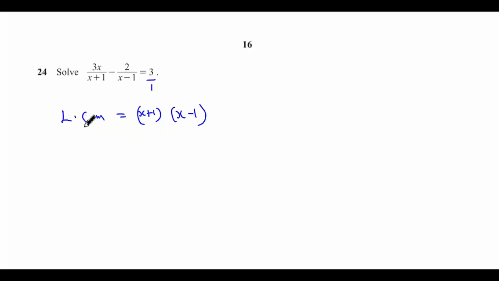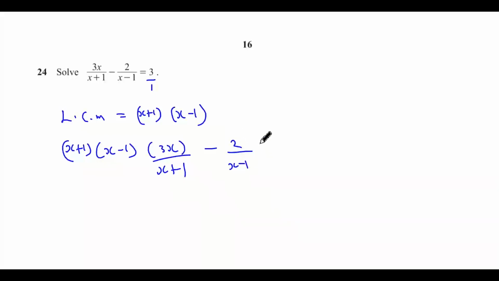Starting with the first one, I have x plus 1 into x minus 1 multiplied by 3x over x plus 1. Then minus 2 over x minus 1 multiplied by the LCM again, x plus 1 into x minus 1, equals 3 multiplied by the LCM again, x plus 1 into x minus 1.